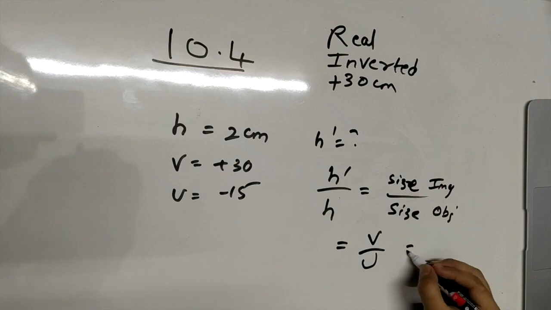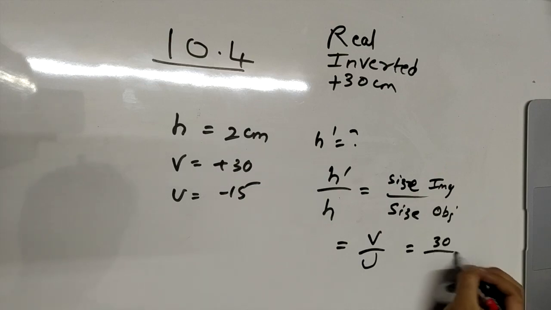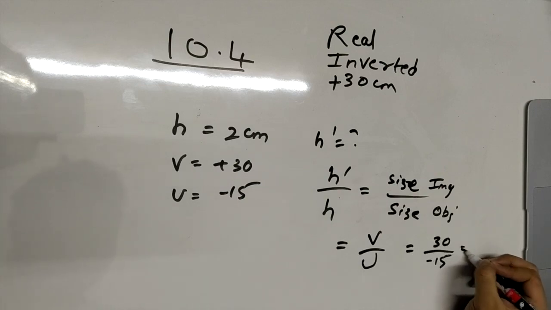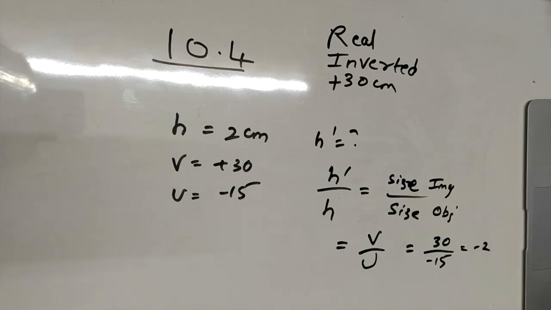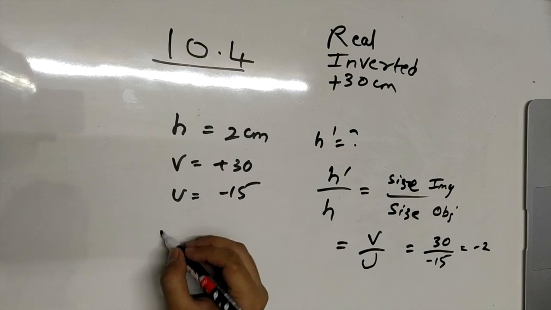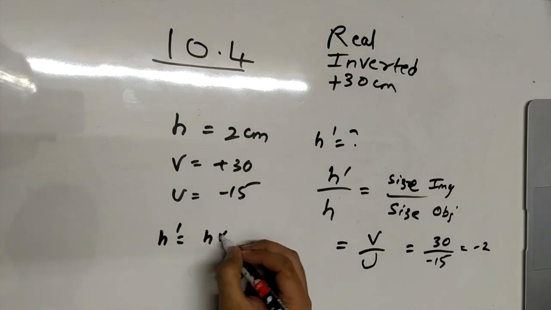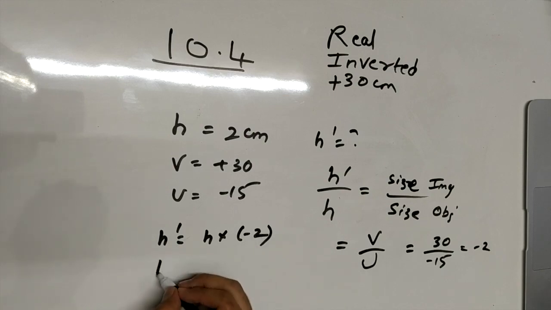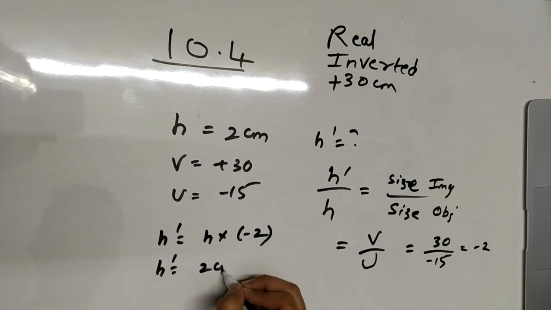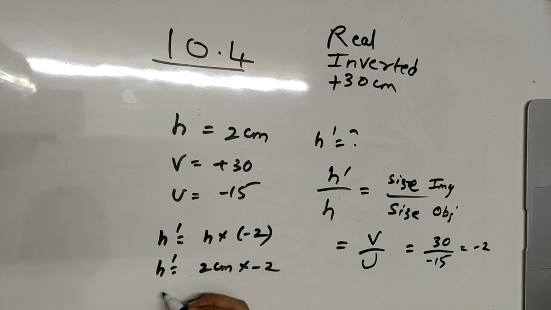Is equal to 30 by minus 15, which is minus 2. So the image size h dash is equal to h into minus 2, that is 2 centimeter into minus 2. So h dash will be minus 4 centimeters.